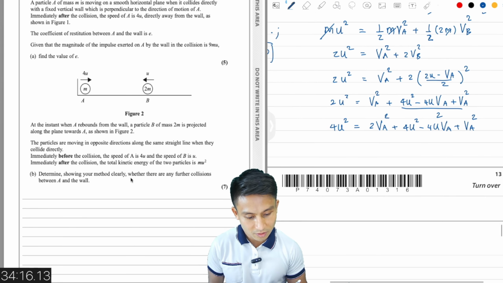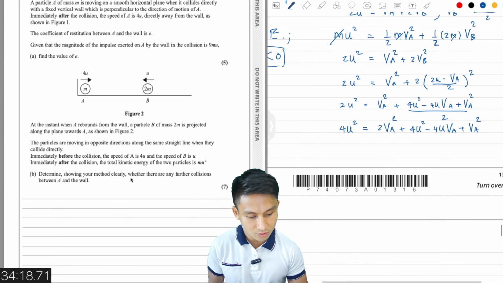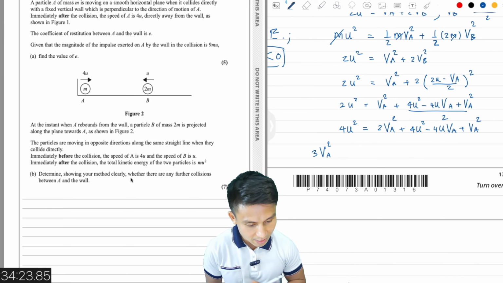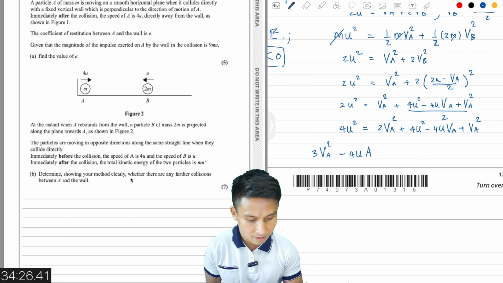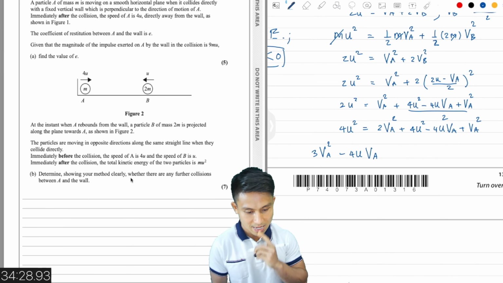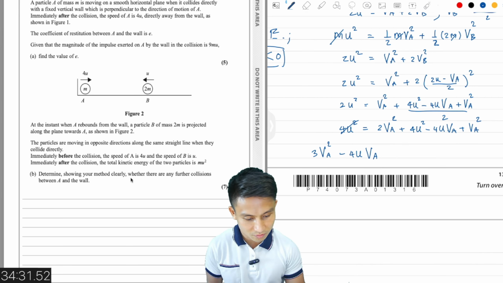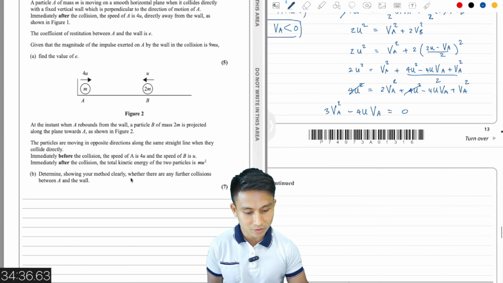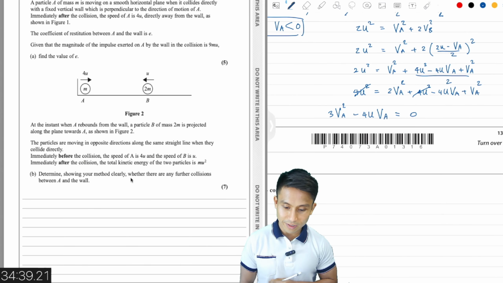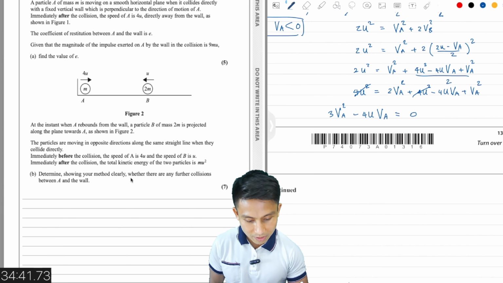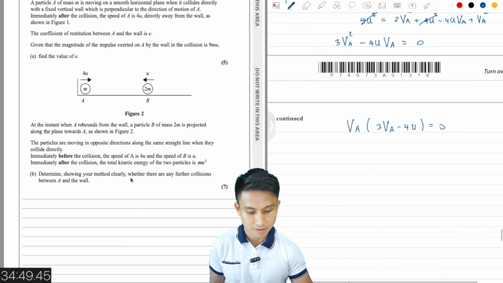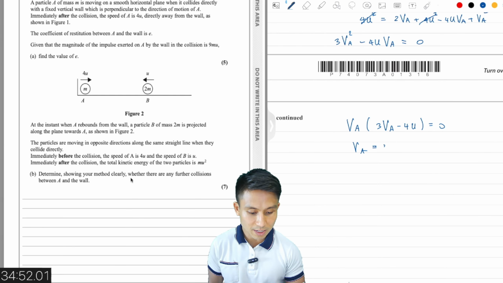If we move everything to the same side, I have 3VA squared, and the VA term would be minus 4u VA, and then the u squared term would cancel. Equals 0. So that's easy, we don't need to do a complicated quadratic there. It's just that, so I can factorize VA out. So I have VA times (3VA minus 4u) equals 0.